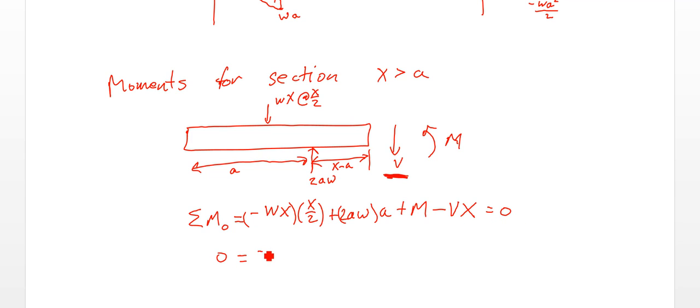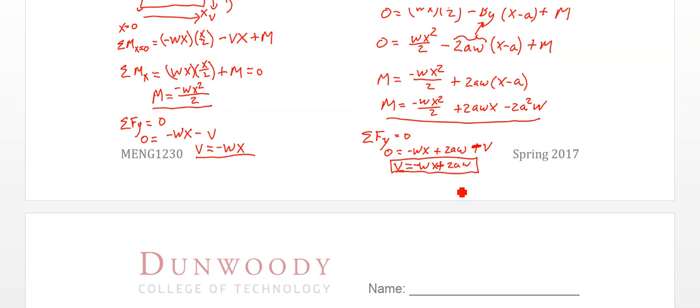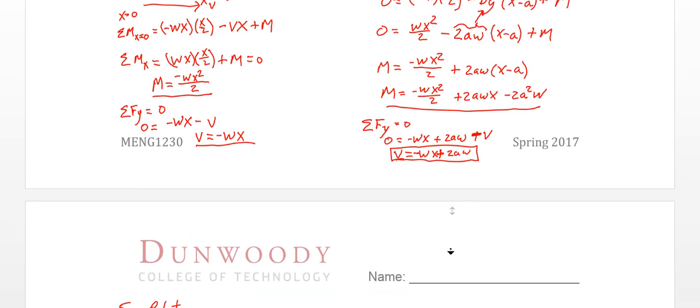So 0 equals negative wx squared over 2 plus 2a squared w plus M minus V times x. If I come back up and find my shear for that part, it is negative wx plus 2aw.